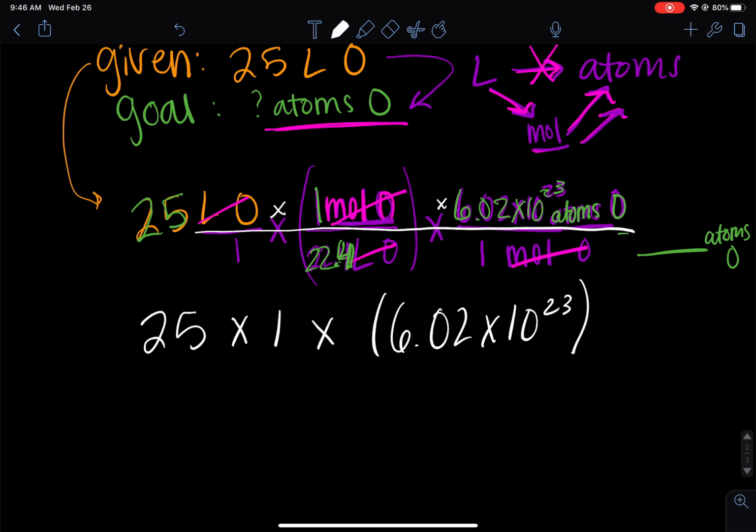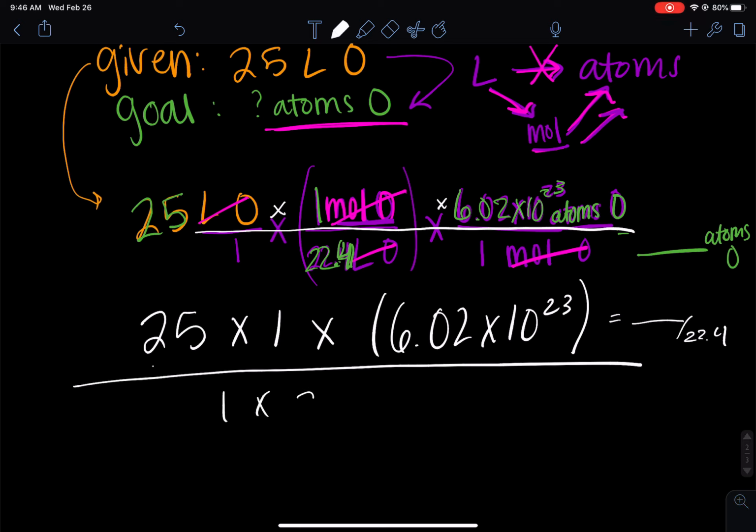If you have a cool calculator, you can make this a big fraction bar, and this can be all the numerator. If not, I recommend solving for the numerator and then dividing that by the 22.4. Okay, so either way, whatever you want to do, it's still going to be 25 times 1 times 6.02 times 10 to the 23rd divided by 1 times 22.4 times 1.